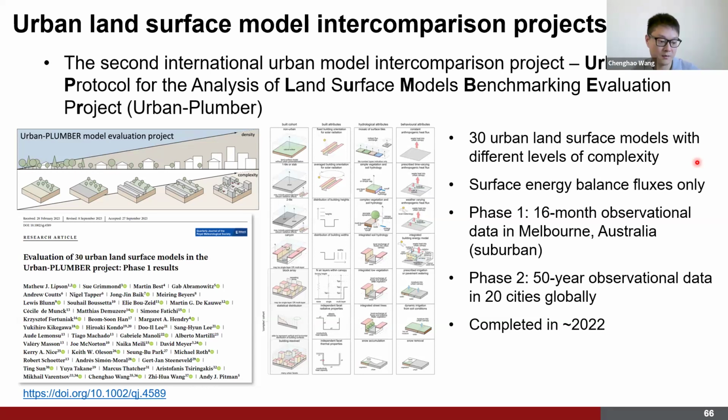But some are still internally developed codes. I do want to mention that among these 30 urban land surface models, there are a bunch that have been commonly used in the field, even in WRF and in other mesoscale models, like the NOAA LSM, land surface model, I mean. And it is definitely a trend.